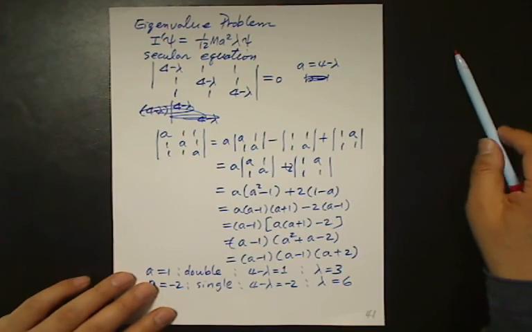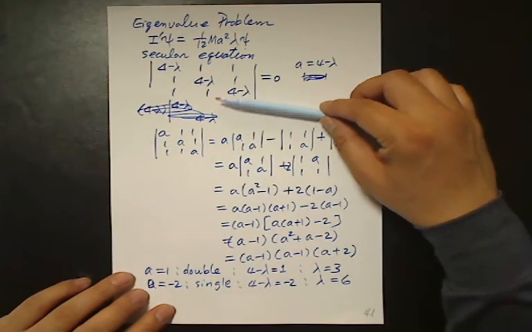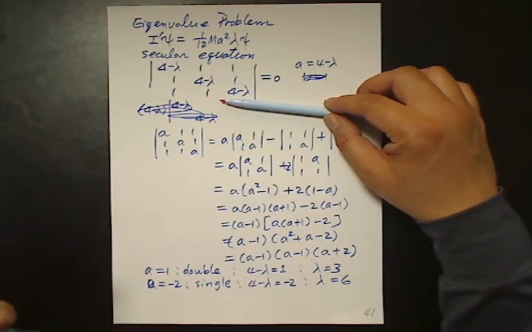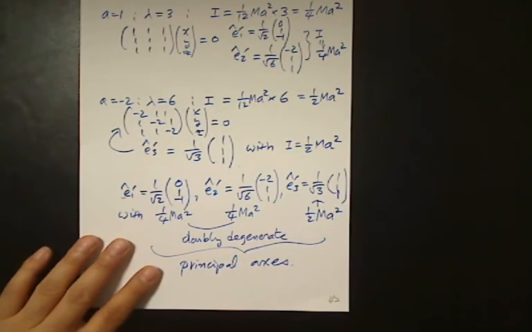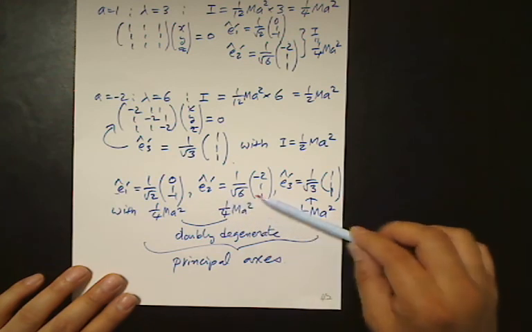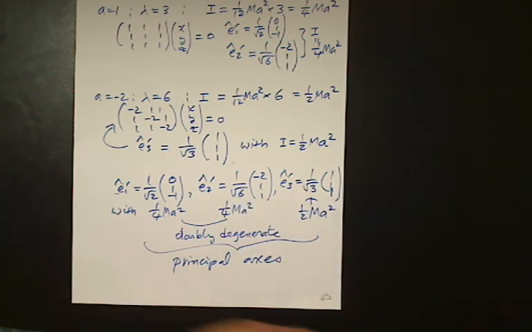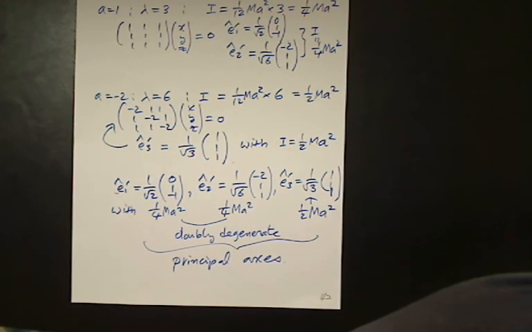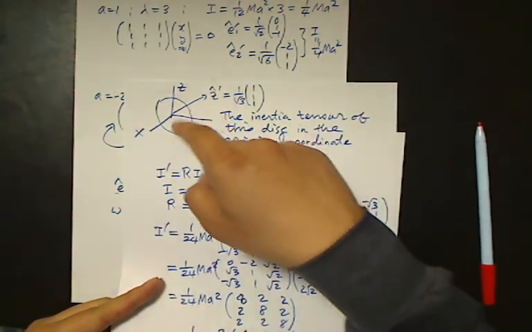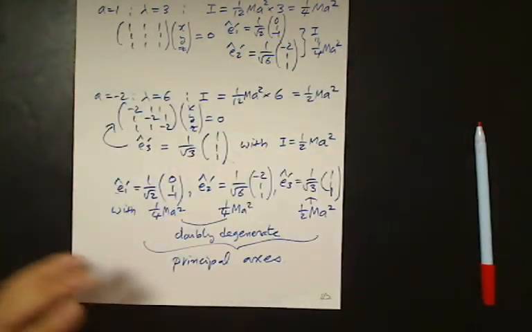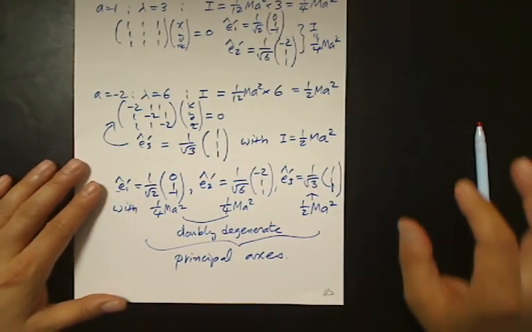Sure, we can solve the eigenvalue problem for this case where z is replaced with n hat, the diagonal direction, and at the end of the day we will find the principal axis, and that principal axis is along the z direction, and the remaining pieces will be on the disk.